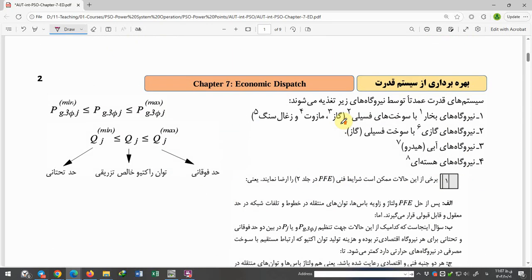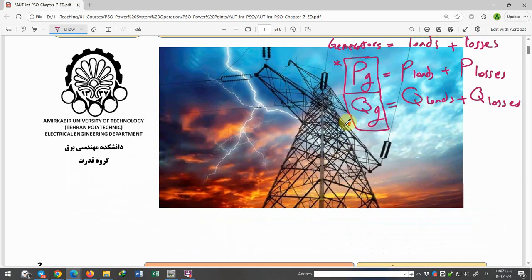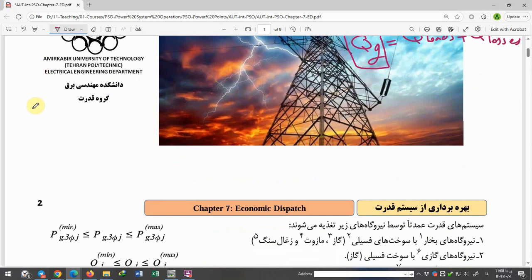Okay, for example, if you have a hydropower plant and a thermal power plant like a steam turbine or gas turbine, we know that the hydropower plant is free.